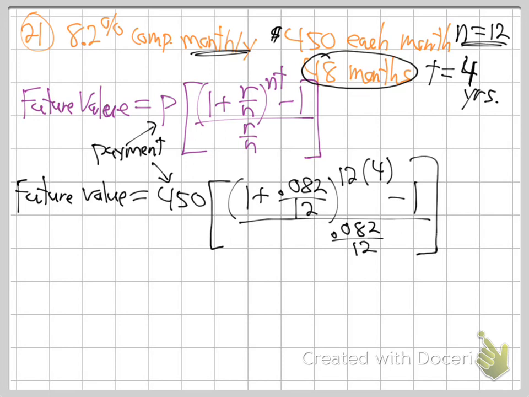And we start by figuring out the power. 4 times 12. There's that 48.